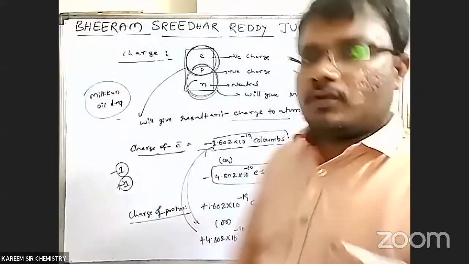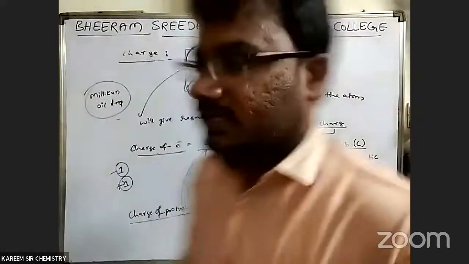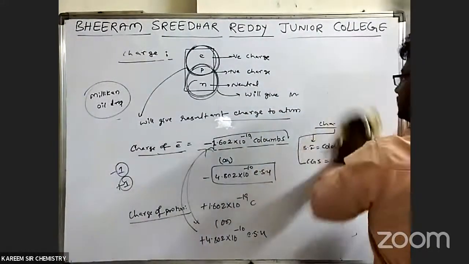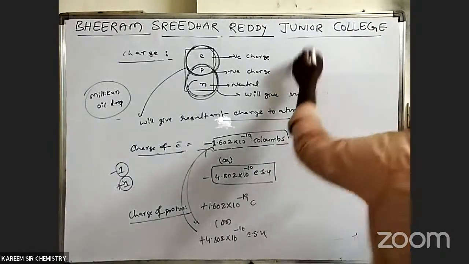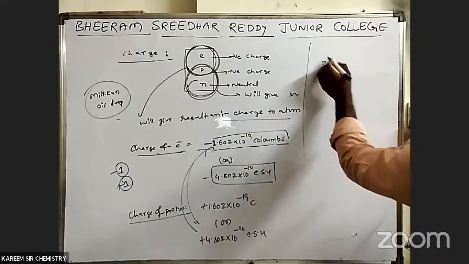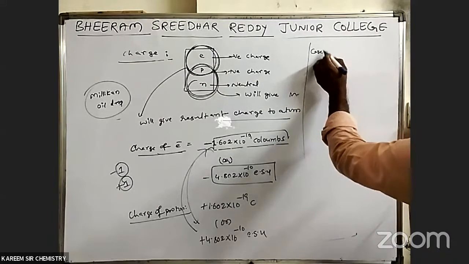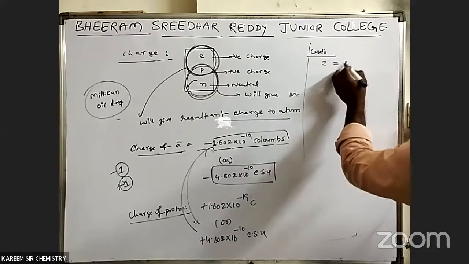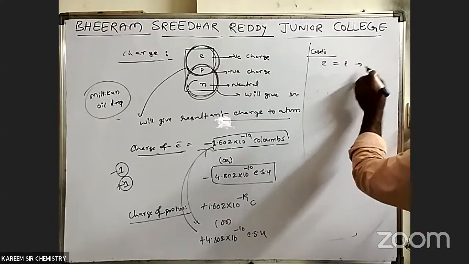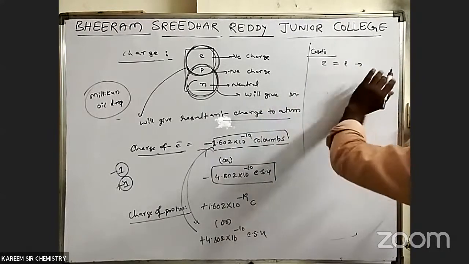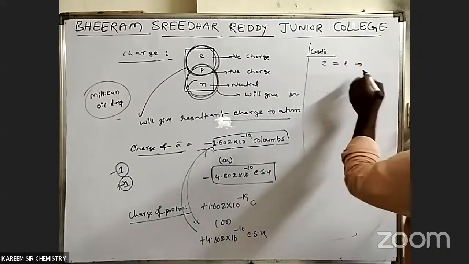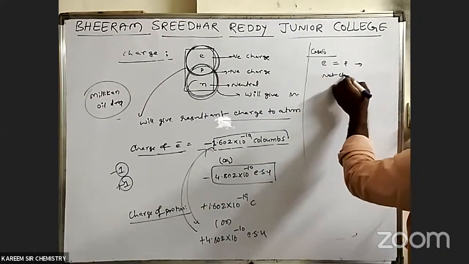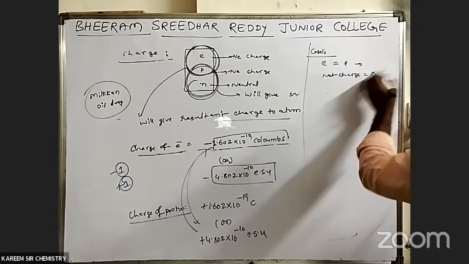Case 1: if the number of electrons equals the number of protons, then positive and negative balance, and the net charge is 0.